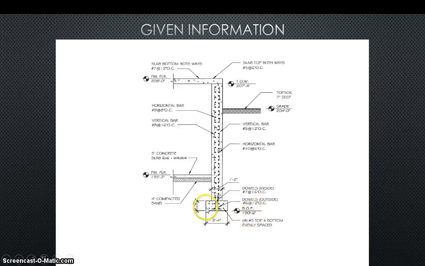But we have the depth of the footing, which is 1 foot 2, which gives us a height here at the bottom of the wall of 191 foot 8, which is 191.67. So we take that 207 minus our 191.67, which gives us a height of the wall of 15.67.